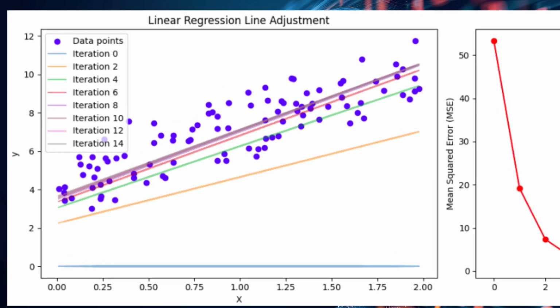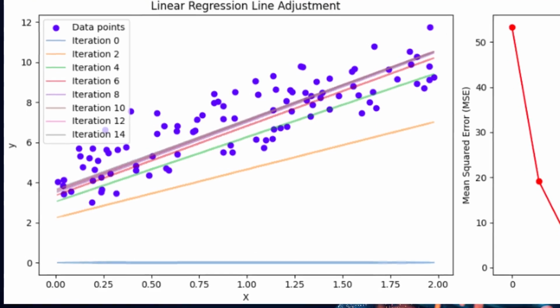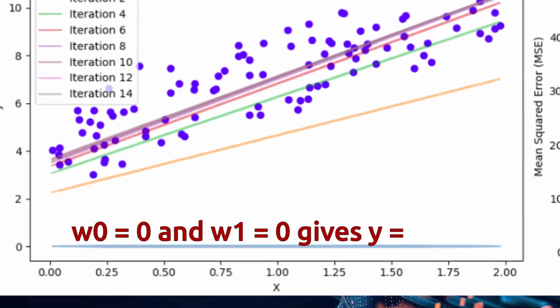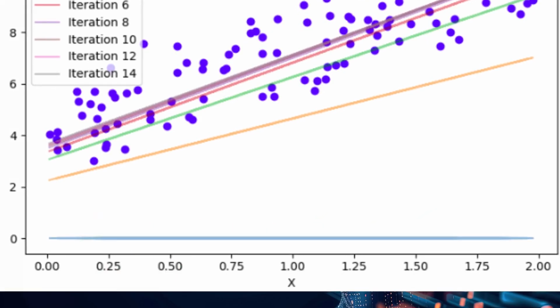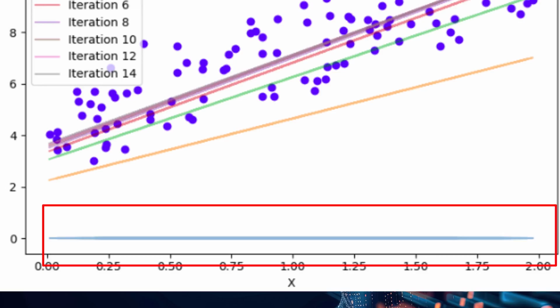On the left, we see the scatter plot of our data points, which represents the relationship between our input x and output y. Initially, we start with a randomly chosen line that doesn't fit the data well, as shown by its slope and intercept values, w0 equal to 0 and w1 equal to 0.